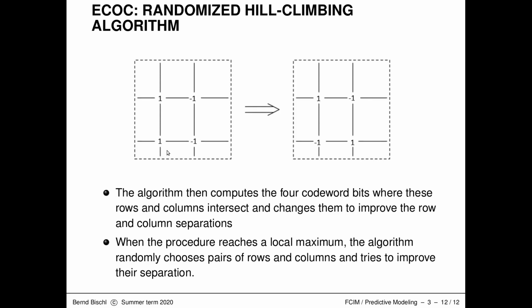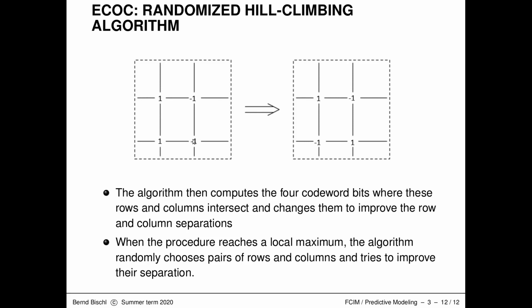I will now look at the intersecting points of these 2 rows which are too close together and these 2 columns which are either too close together or too far apart. I will now swap out the labels in this codebook so that column and row separation are improved the most if I'm only allowed to change these 4 positions here.